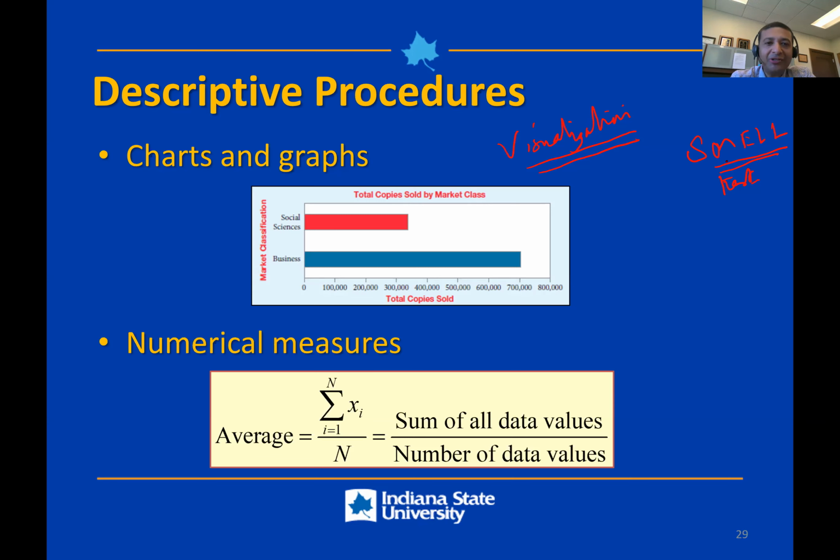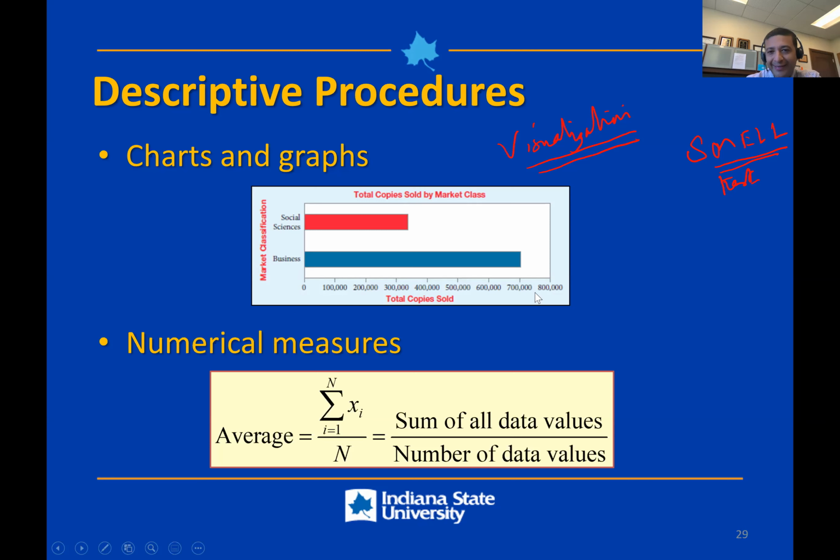When you visualize a data set, you can kind of get a feel of how the data is behaving. Does that mean that you can conclude based off of that? No, because there is no confidence in your judgment unless you use statistical techniques. So if you look into this bar chart as an example, total copies sold by market class.